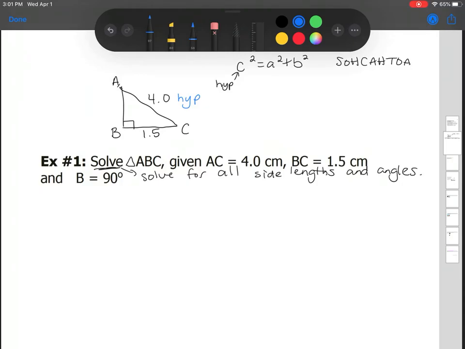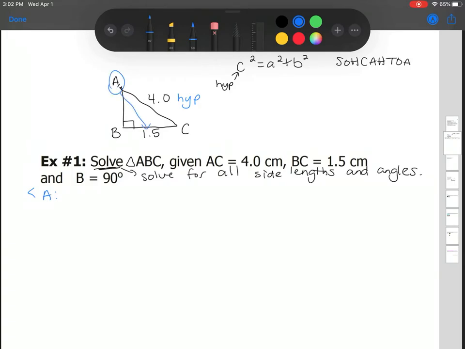Now it depends on whether we're going to start with angle C or with angle A, what the 1.5 is. If you have a favorite ratio, like if you prefer sine over cos, then if you do A, 1.5 is opposite. If you do C, 1.5 is adjacent, but it doesn't really matter. Maybe I'll just go in alphabetical order. So I'm going to solve for angle A, which is here.